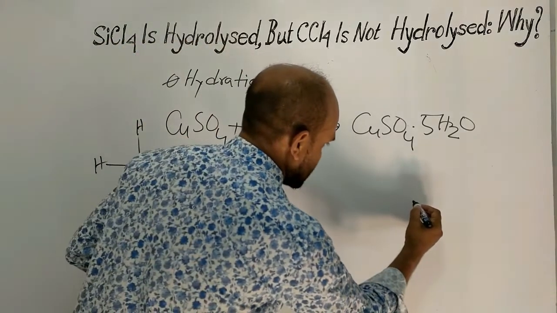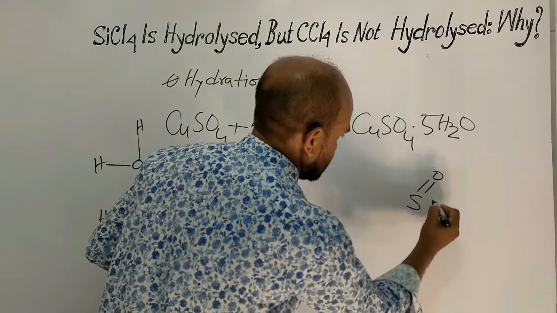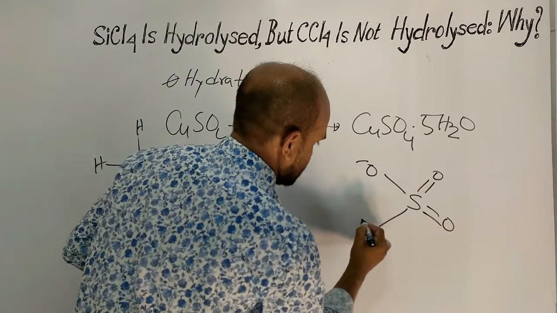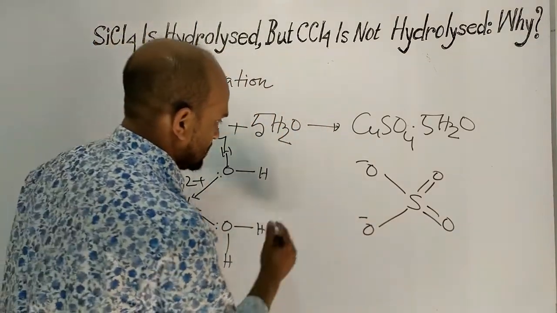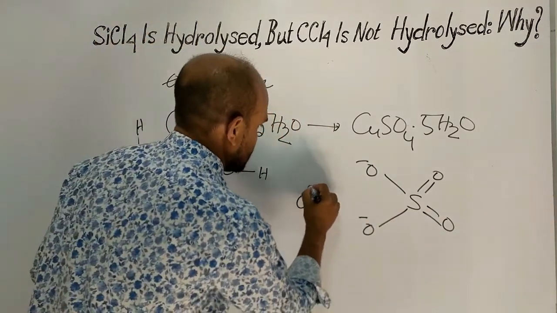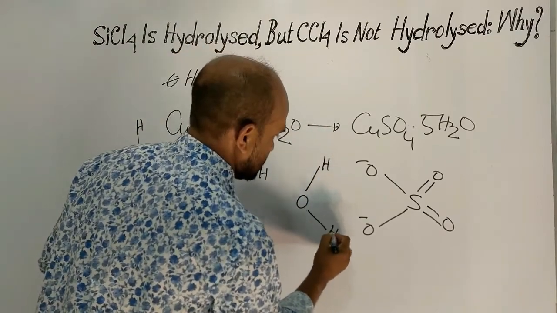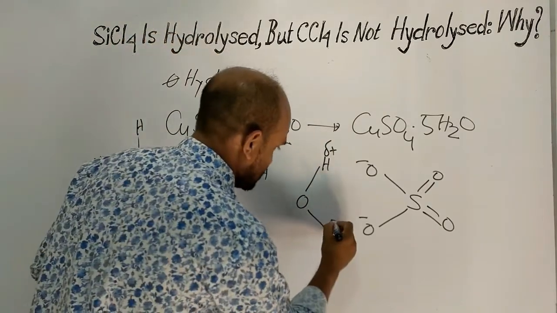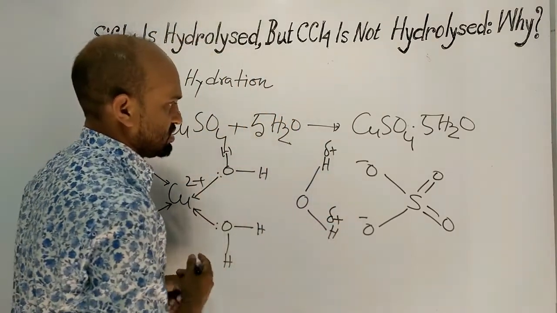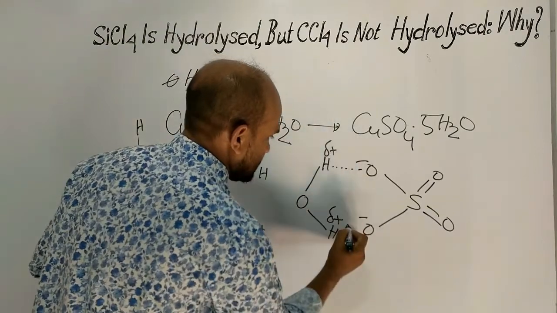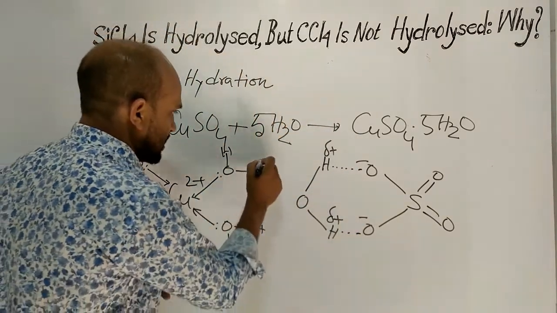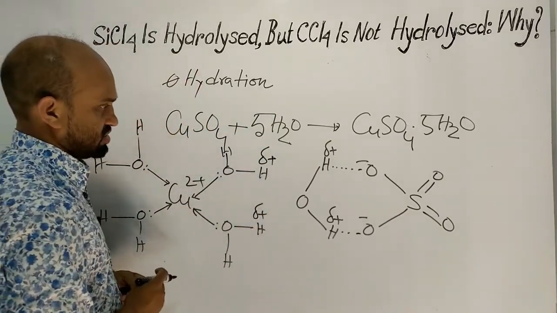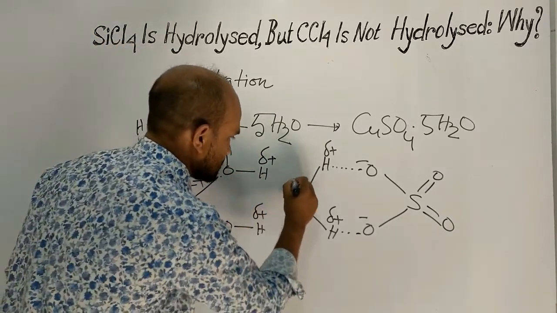Then the sulfate ion, this is the sulfate ion, and another molecule of water. This is a positively charged hydrogen ion, a positively charged hydrogen ion. There is an attraction here. This hydrogen is positively charged, this hydrogen as well positively charged, and this oxygen is negatively charged.